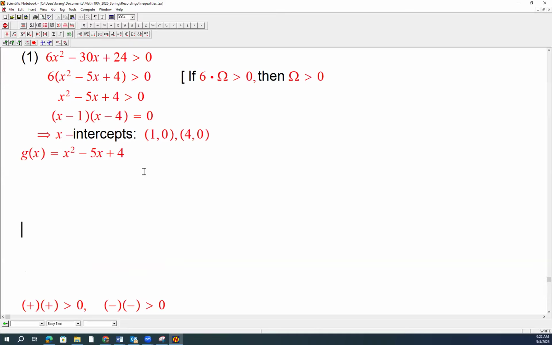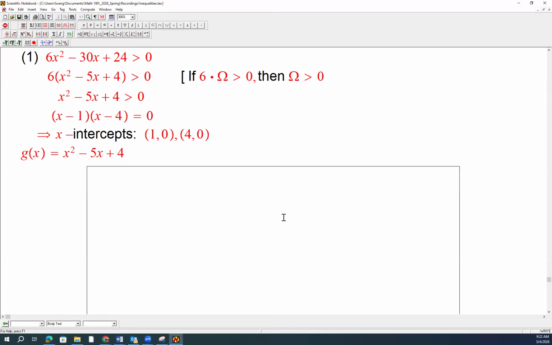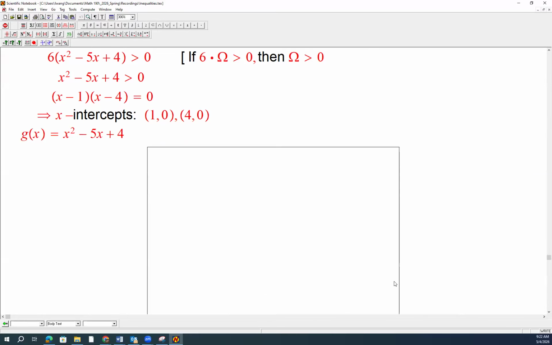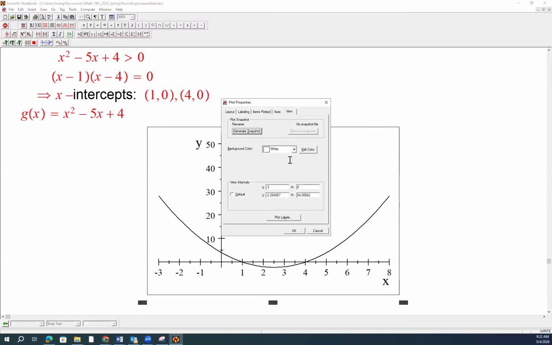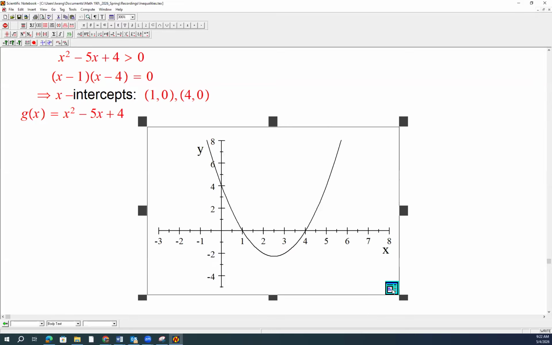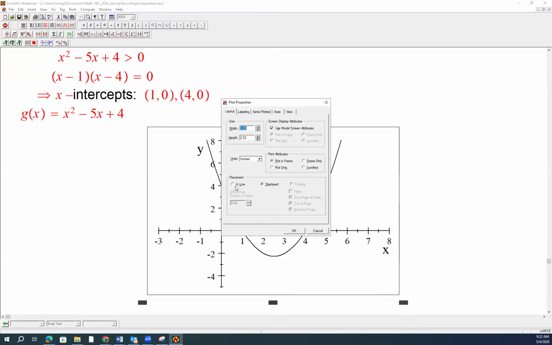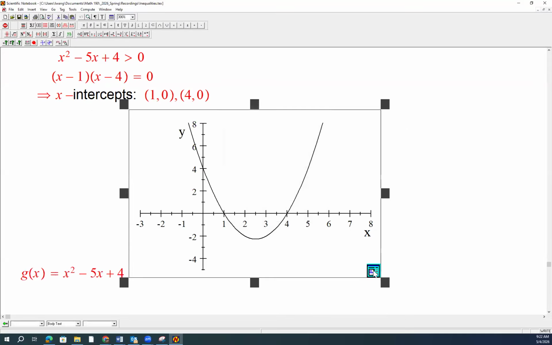Suppose you're pretty good with quadratics, you can just graph it. You can sketch it by hand. So this is my parabola. It doesn't have to be precise.